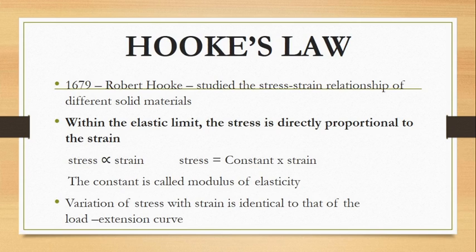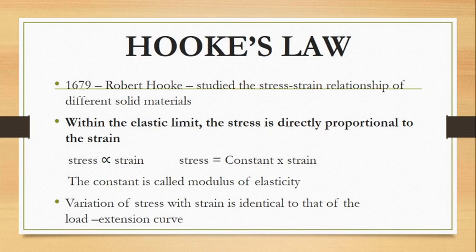In the last class we had seen the load extension curve, isn't it? That load extension curve is identical to the variation of stress with strain. That means the load extension curve is similar to a stress strain graph. There you had seen a portion up to which stress and strain are linear.